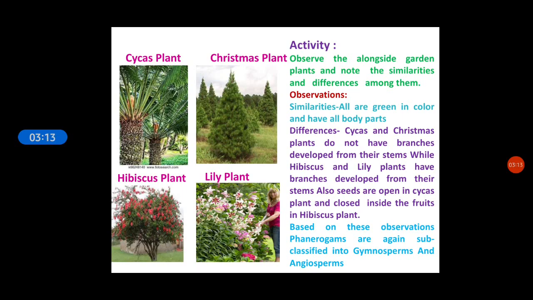If we observe the differences, we will see that cycas and Christmas plants do not have branches developed from their stems, while the hibiscus and lily plants have branches developed from their stems. Also, the seeds are open in the cycas plant and closed inside the fruit in the hibiscus plant. Therefore, based upon these observations, subkingdom phanerogamy is again subclassified into gymnosperms and angiosperms.